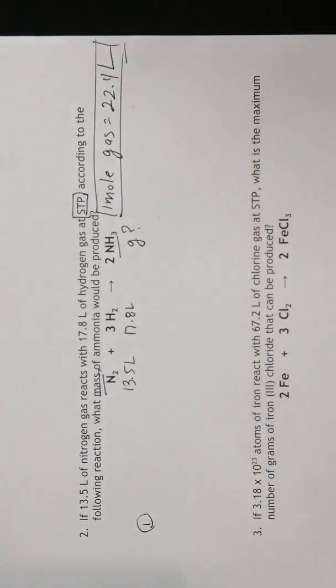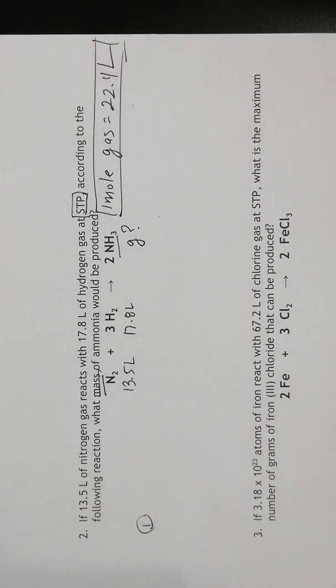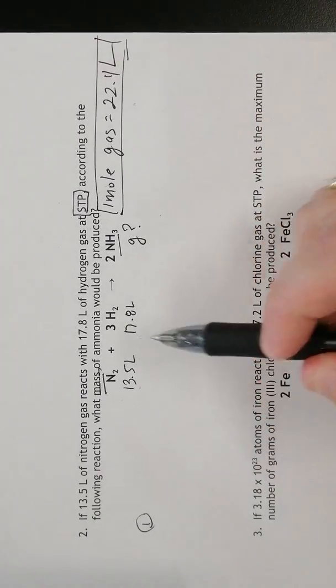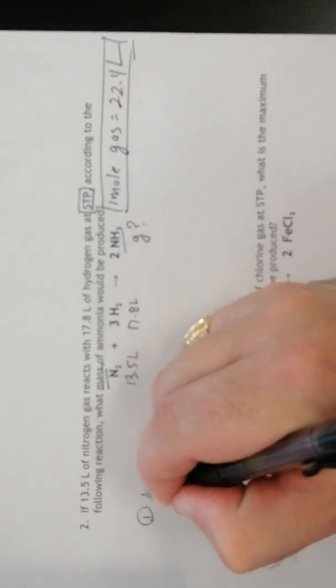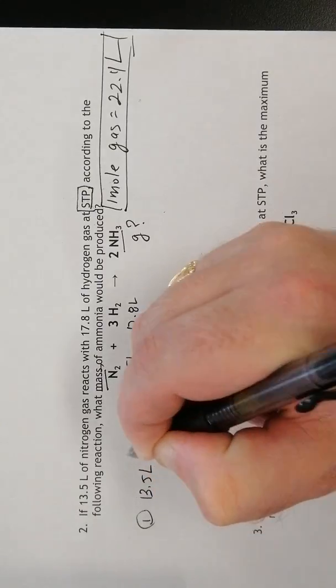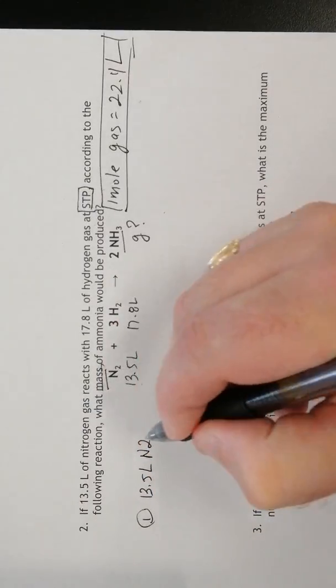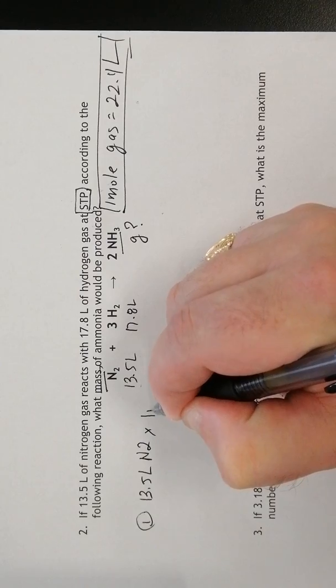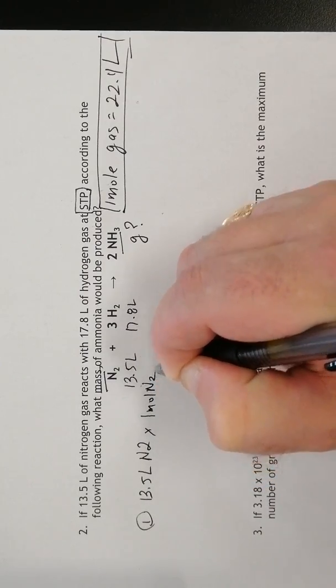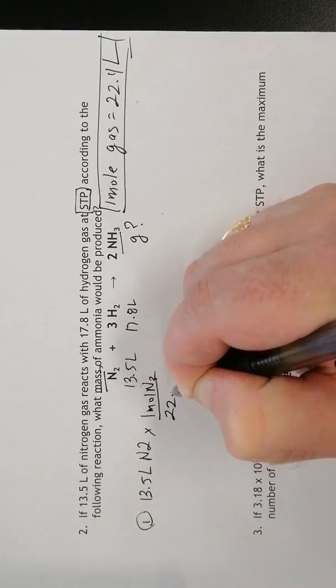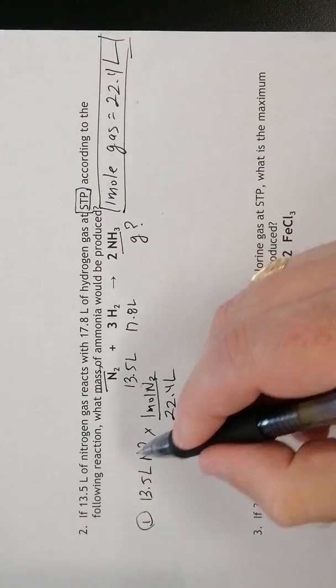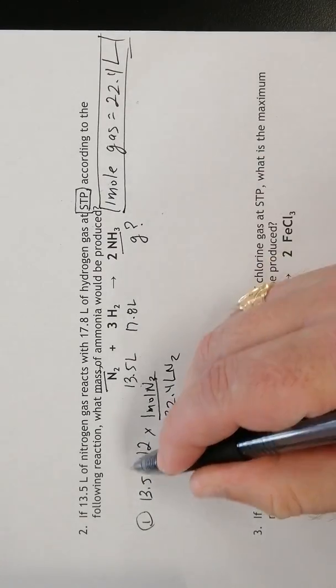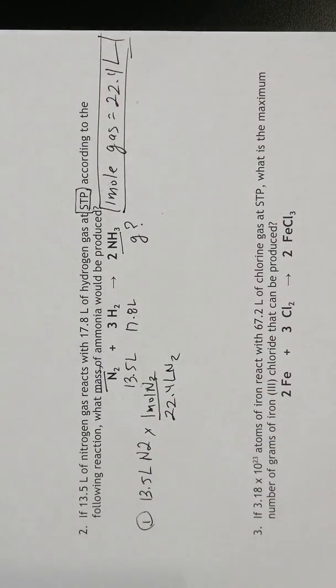All right, so start with what you know, what you have, to what you want. What do I know? So I'm going to start with this one. I've got 13.5 liters of N2. It's at STP, so I can relate 1 mole of N2 to 22.4 liters of N2. See, I've canceled out liters. I'm not dealing with liters anymore. I've changed the problem to talking about moles.